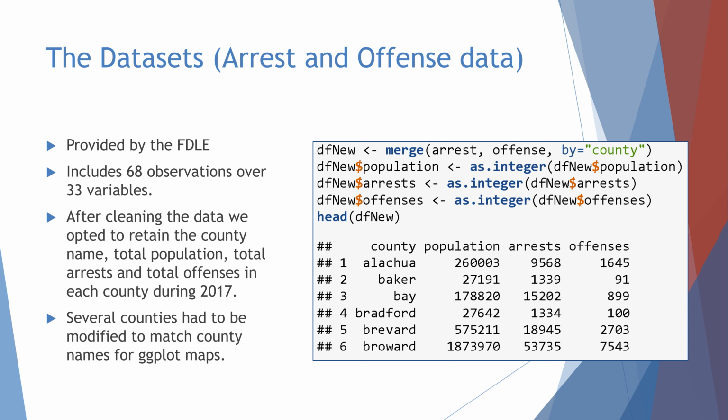And if you look here, you'll see that that is what we have: county, population, arrests, and offenses. Besides weeding down the data to get those four, I also modified specific county names like St. Lucie County and Fort Myers County to make sure they could be read when we imported this data into the ggplot maps.